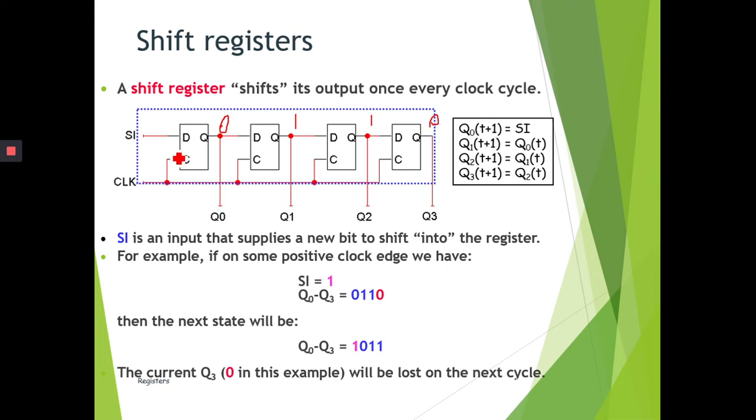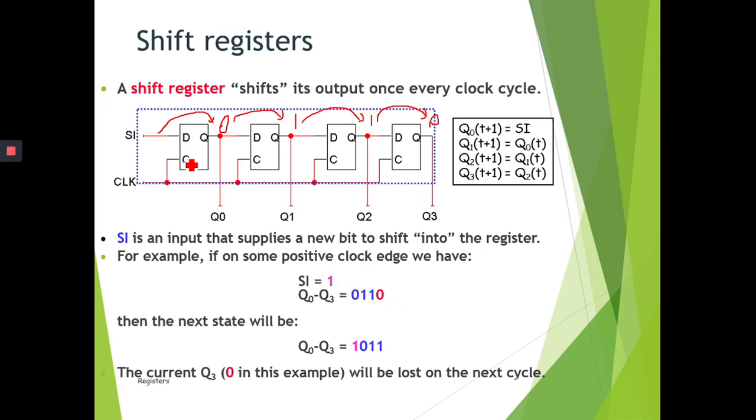Whenever there's a positive edge of the clock, the input 0 goes to the next state, the 1 is input to the next flip-flop, and the value moves along, and the new value you feed in takes the first position. That's why the first value is 0 1 1 0.